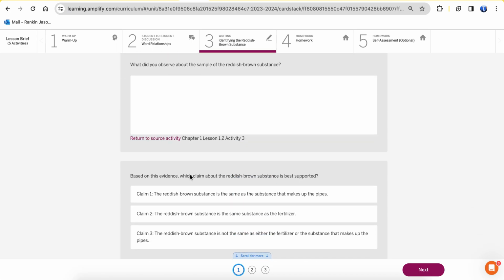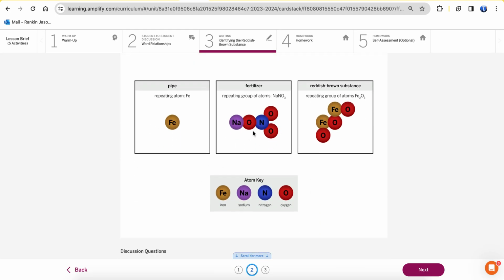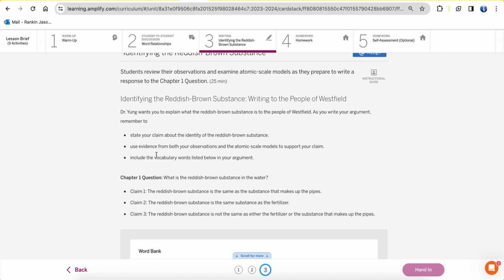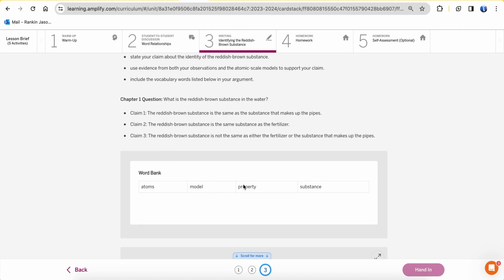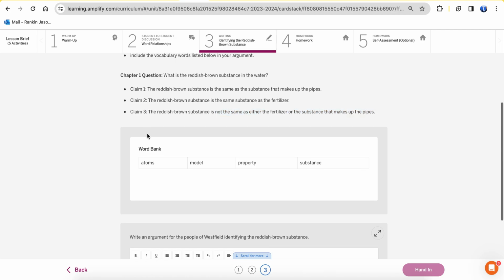You're going to use that along with the atomic scale models. That's going to be 2 pieces of evidence you need to include. Include the vocabulary words listed below in your argument, which is going to be atom, model, property, substance. You have your claims right here. You can actually just copy and paste whichever claim you think is going to work for this. And there is one legit answer that it has to be.